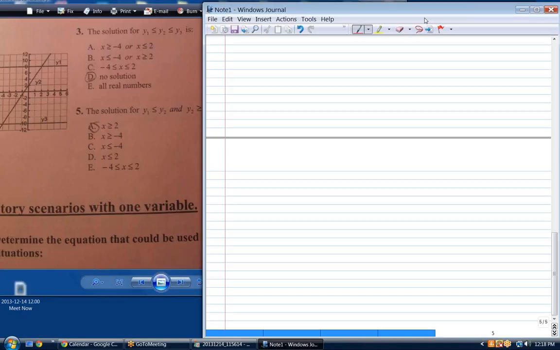Okay, so y sub 1 is a horizontal line, right? Yeah. In fact, y sub 1 looks like it equals 8. Okay. y sub 2 is a slanted line. What's the equation for y sub 2?